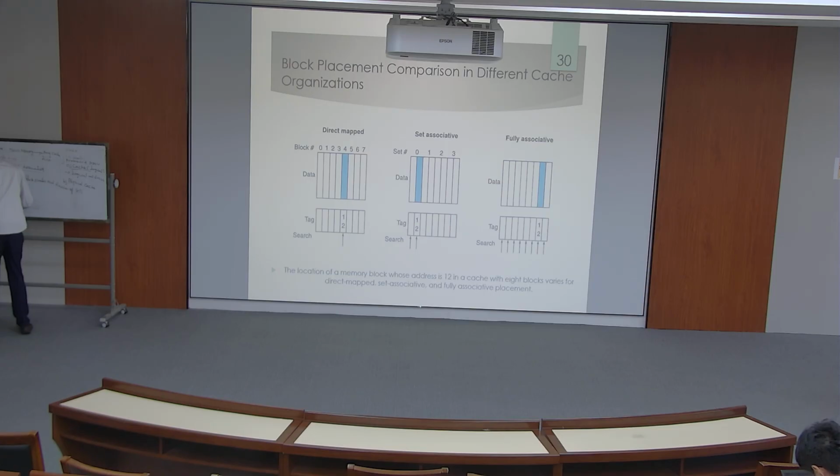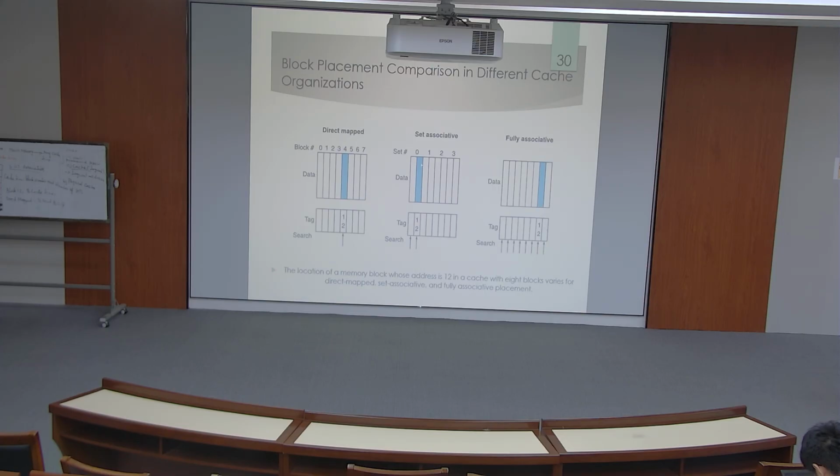Using a direct map, we have 8 cache lines. We compute 12 mod 8, and we find cache line 4. That means block number 12 from the main memory needs to be loaded in line 4 in the cache memory. Okay? That is 12 mod 8.